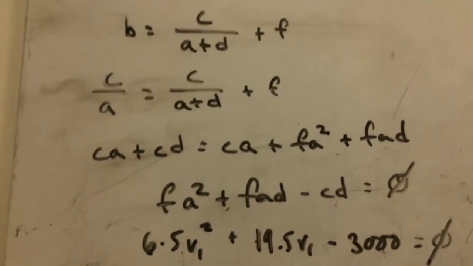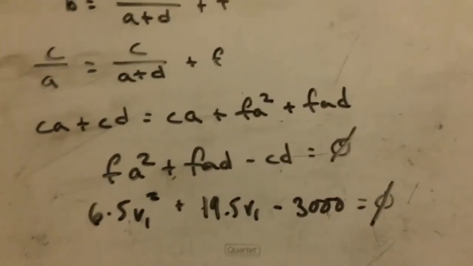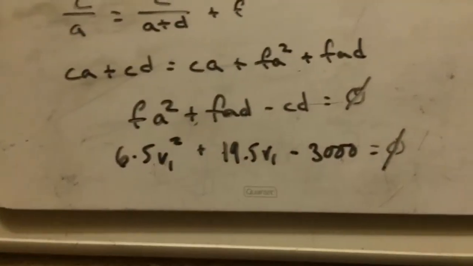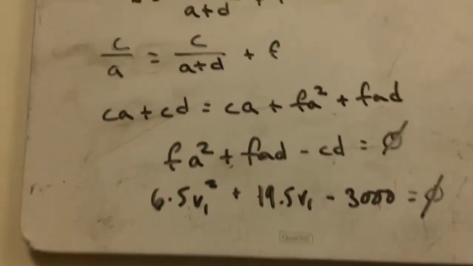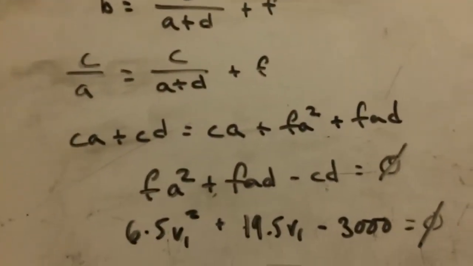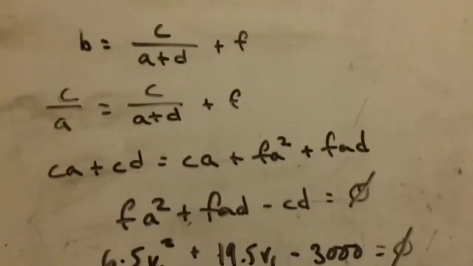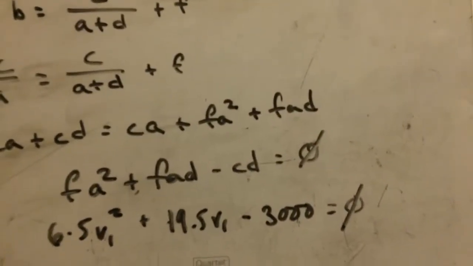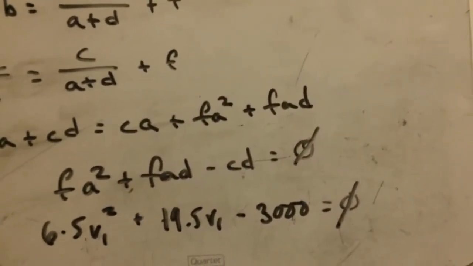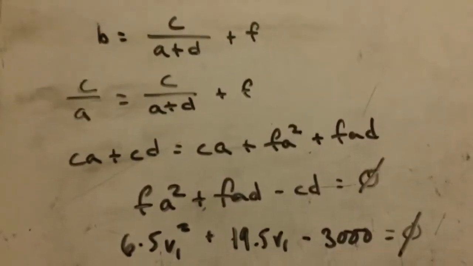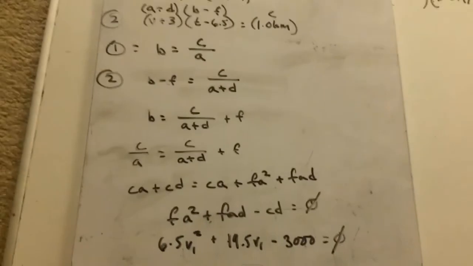Then we cancel out CA equal to 0. We have a quadratic equation. We're left with this. We substitute back in the 6.5 for F, the 3.0 for D, and CD, which is 3 times 1 kilometer. Put that into the calculator. We just did that a minute and a half ago, and you get the same answer.